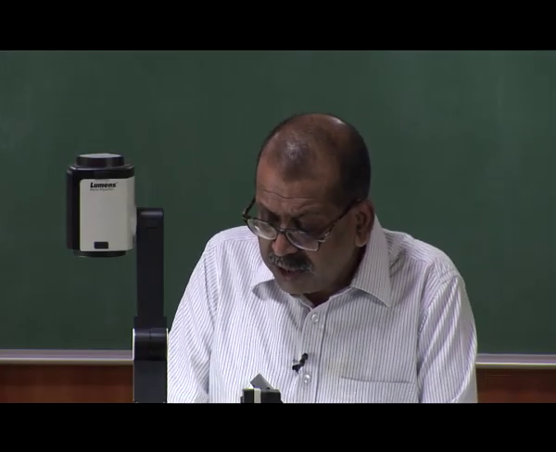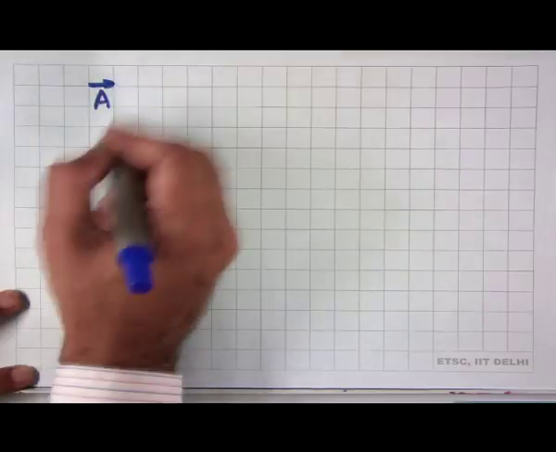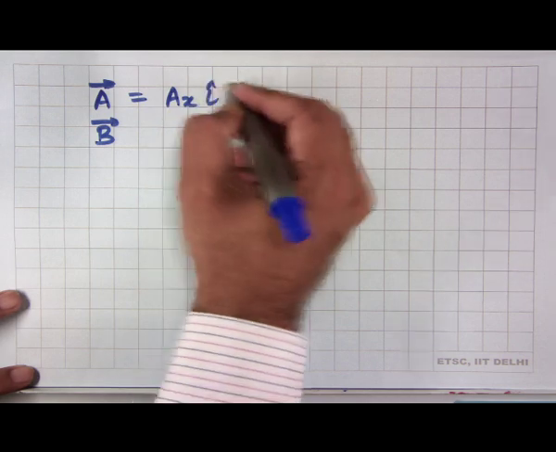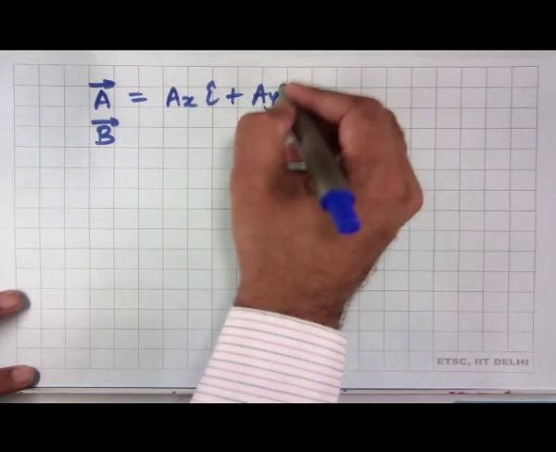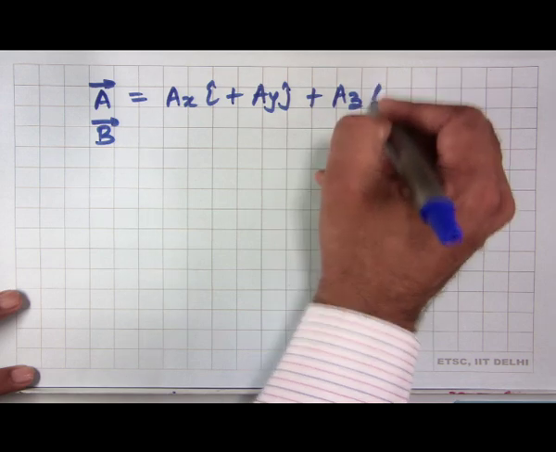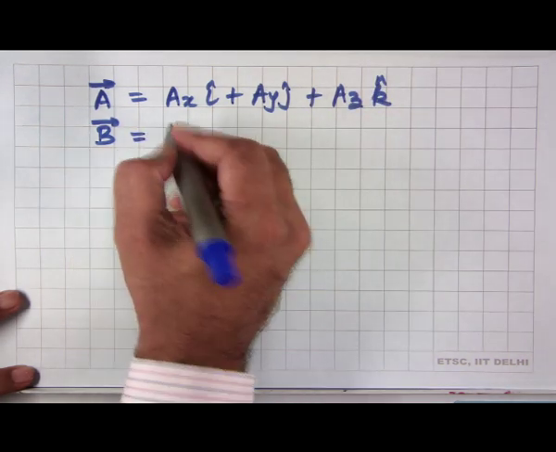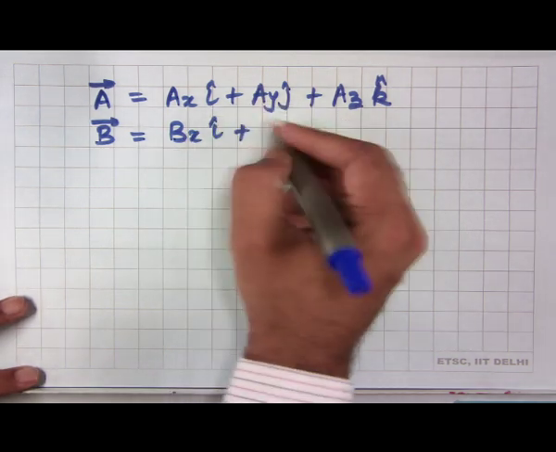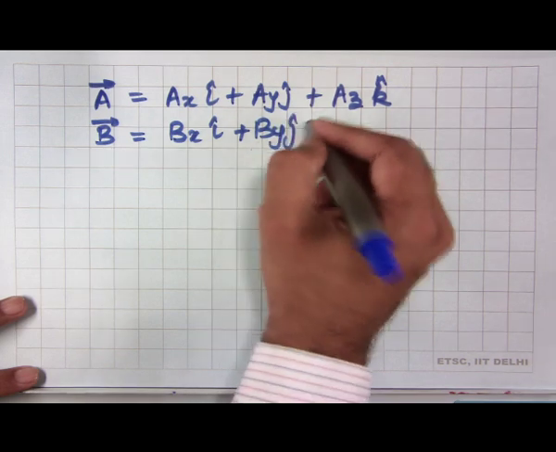Now let us see, if we have two vectors A and B expressed in terms of Cartesian coordinates, then we can use the full expansion and the rules developed to find the cross product of these vectors.